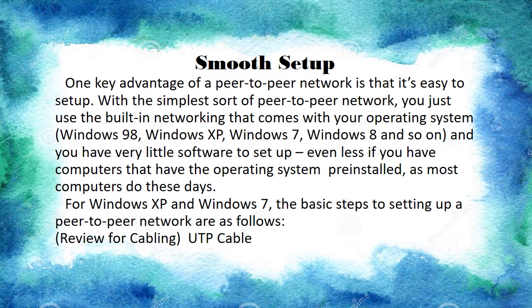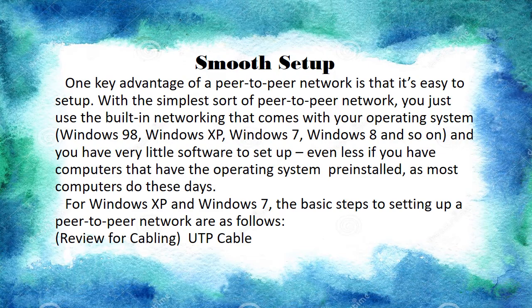Okay, now let's talk about smooth setup. One key advantage of a peer-to-peer network is that it's easy to set up. With the simplest sort of peer-to-peer network, you just use the built-in networking that comes with your operating system, such as Windows 98, Windows XP, Windows 7, Windows 8, and so on.